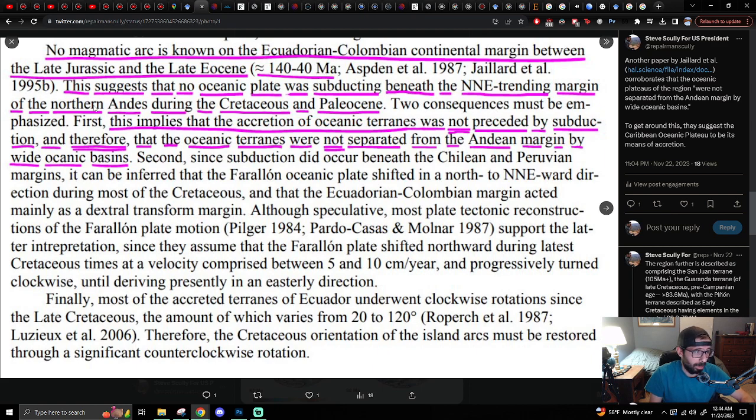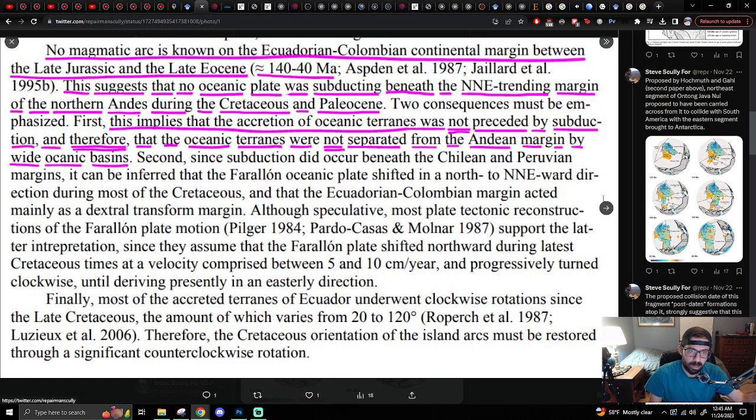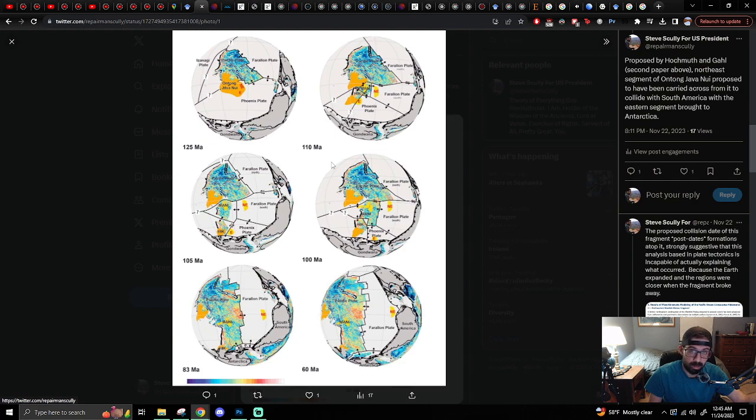Two consequences must be emphasized. First, this implies that the accretion of oceanic terrains was not preceded by subduction, and therefore that the oceanic terrains Pinon Formation were not separated from the Andean margin by wide oceanic basins. I mean, evidence shows that this thing that we're looking at here isn't the case, basically.